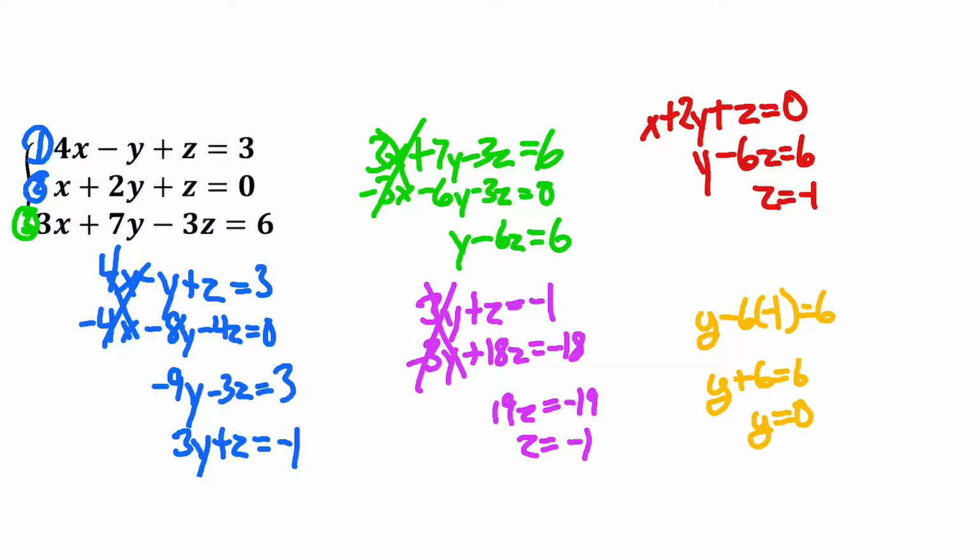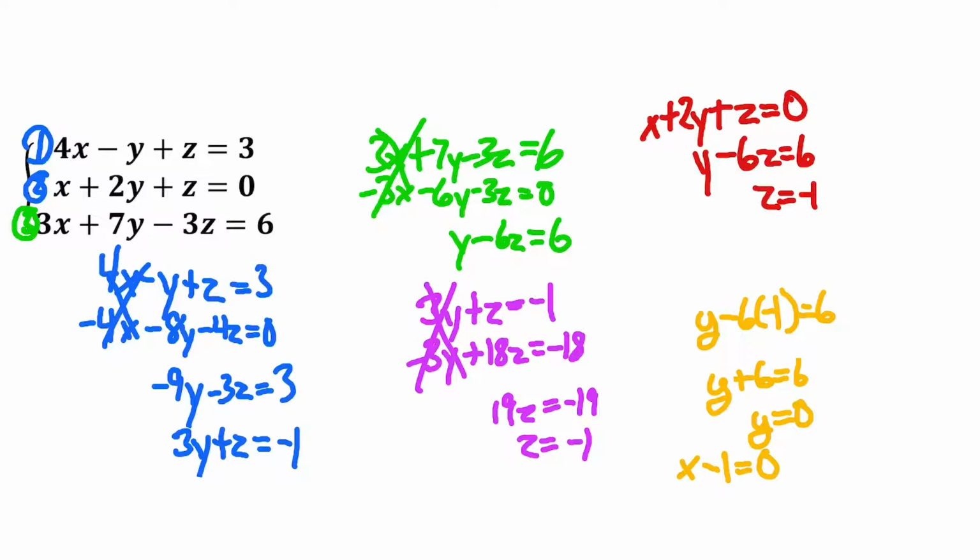Now that I know y is 0, I'm going to go back up to our first equation, and I'm going to write x plus 2 times 0 is 0, but then remember, z is going to be negative 1, equals 0.